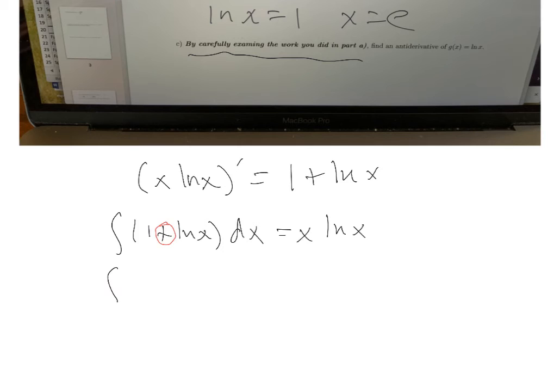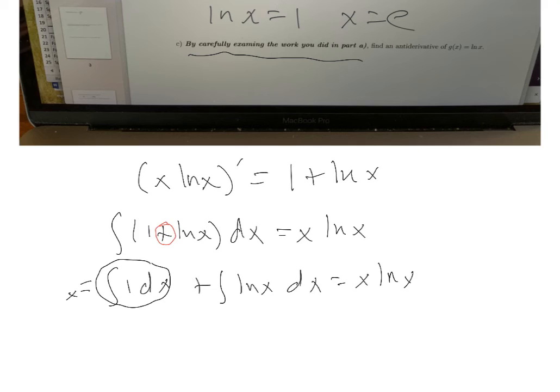So we get the integral of just 1 plus the unknown, and that equals x log x. And this guy right here is equal to just x. And therefore, subtract them over. The antiderivative of ln x dx is this piece, x log x, minus x. I said find an antiderivative, so we'll call it good right there.